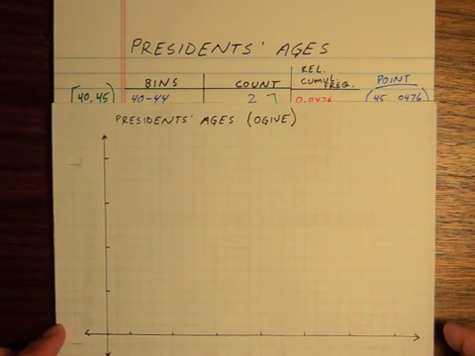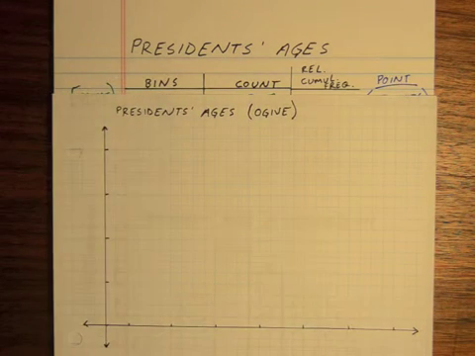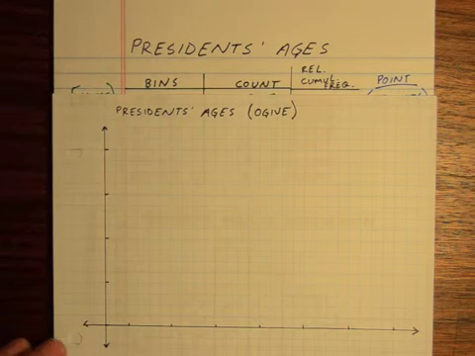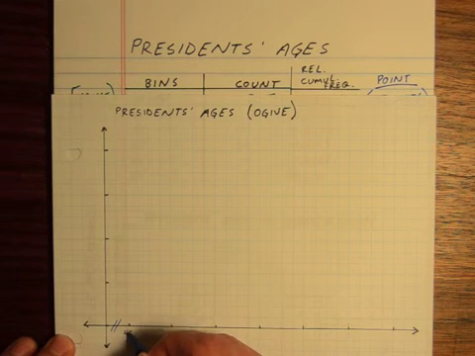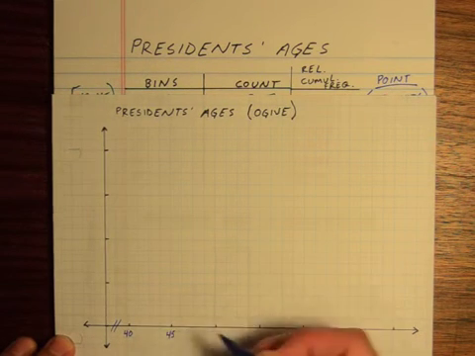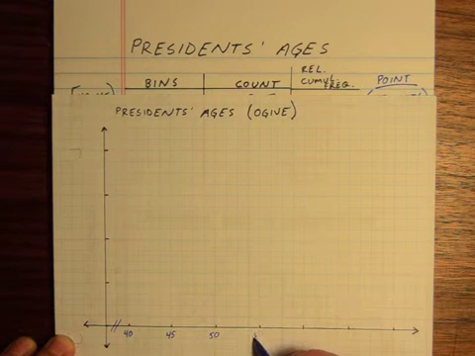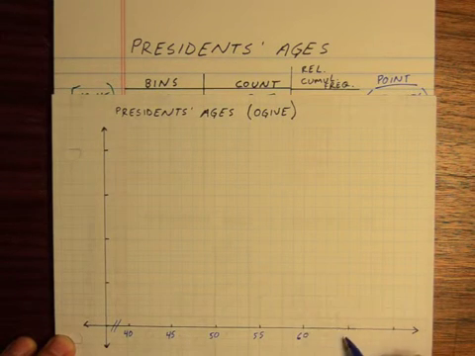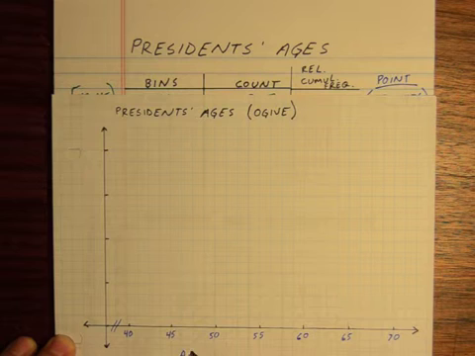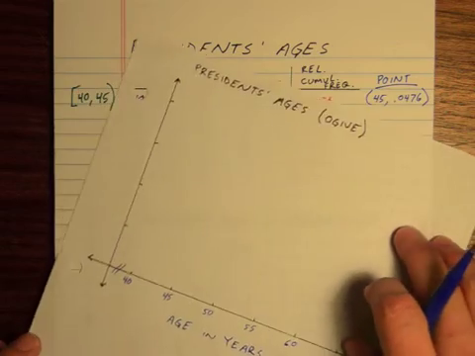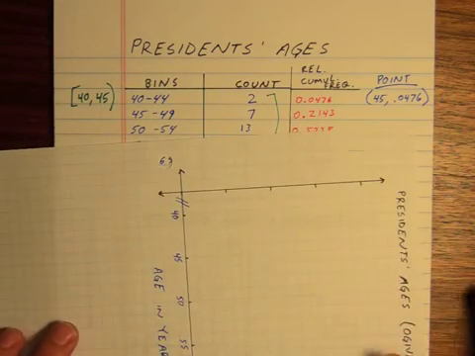Now this ogive plot, as you can see, we've got an x and y grid. The x-coordinate is age, presidential age, like we've used in the past. Started at 40 and went up by 5s. And then the vertical grid is now that relative cumulative frequency.